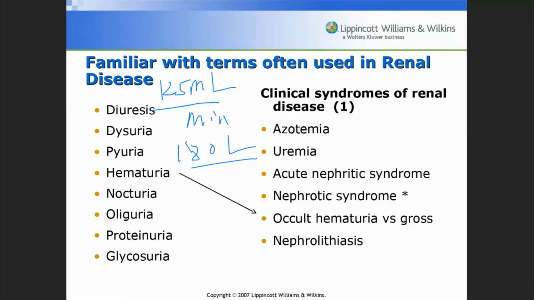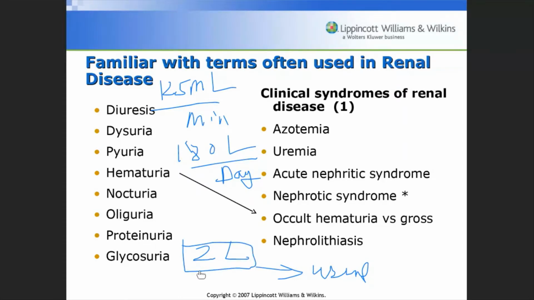Okay? Almost 200 liters, but only 2 liters is being passed out of the body as urine. So that means that 99% of the filtrate gets reabsorbed. So 2 liters is a normal number. Now, if it's less, then it's going to be a problem.